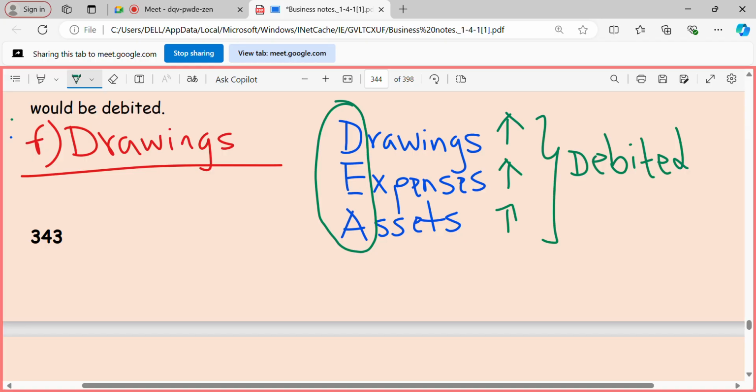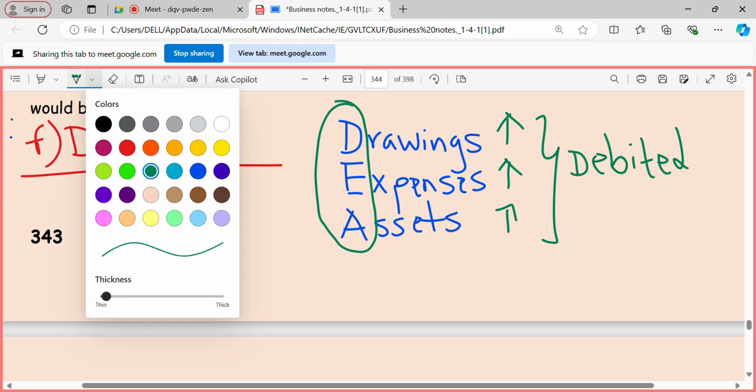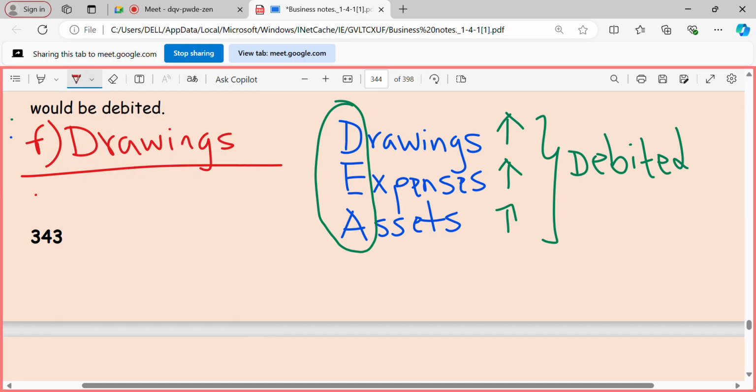Kwa sababu ziki increase, their increase zote you debit.